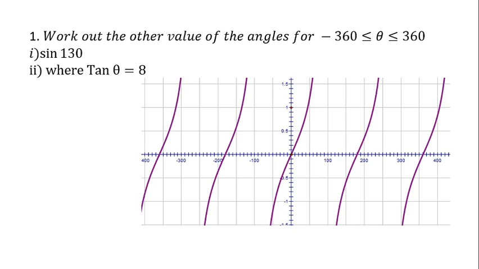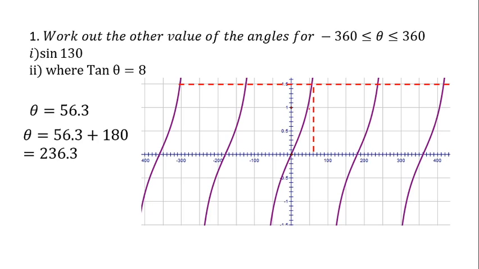Okay, this time tan theta is 8. If you put inverse tan in, it gives you 56.3 degrees. Now I know it repeats itself every 180 degrees, so 56.3 degrees plus 180 gives me 236. 56.3 plus 360, which is 2 lots of 180, gives me, actually this is not 8, it's 1.5.